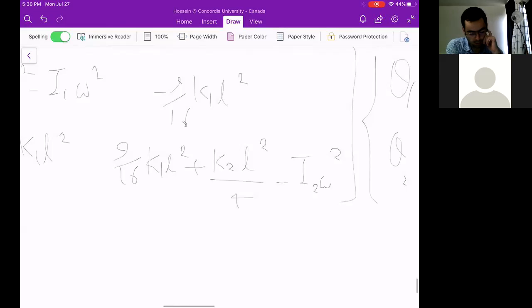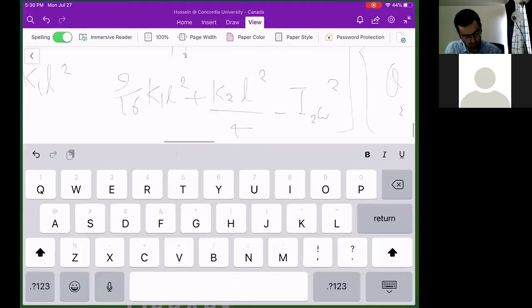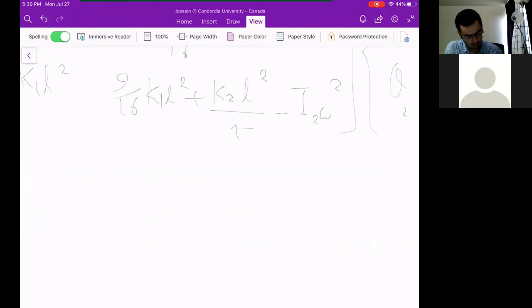In order to determine the natural frequency, all you have to do is calculate the determinant of this matrix and make it equal to 0. This equation will give you the corresponding two natural frequencies, and then you could go for the natural modes.